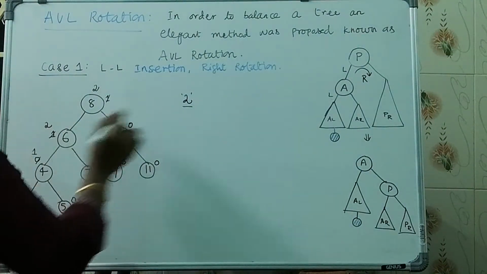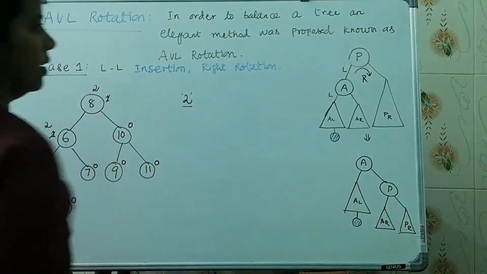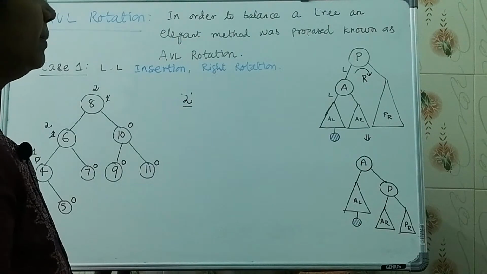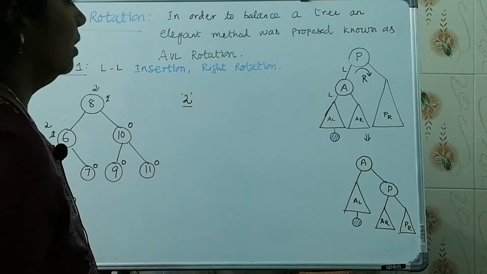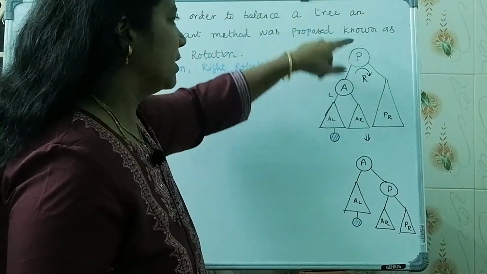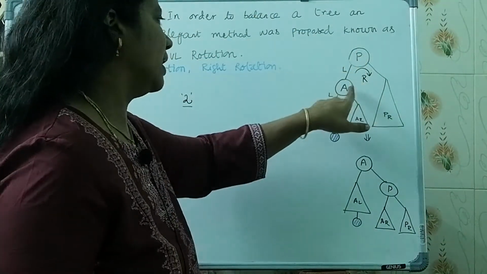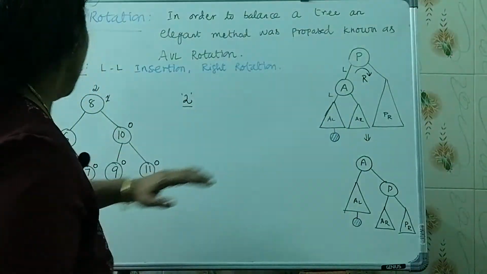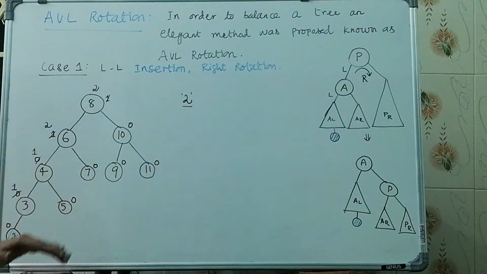Okay, left of P. Now let me give a quick decision to decide what is the node P and what is the node A. Okay, now you see this example.